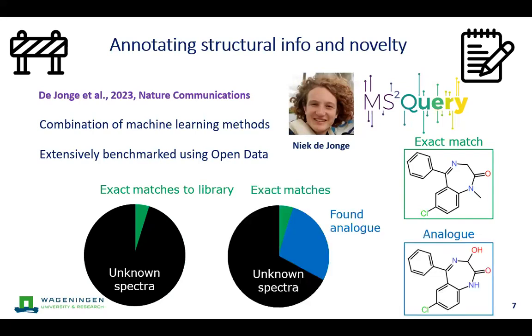Basically, the idea is that instead of only using the small part of matches you typically find in the library, we open up more of that information by also looking for analogs. We're using machine learning based algorithms since they are much faster than the traditional approaches, and they also give a complementary view. An analog can be a molecule that is structurally quite similar, but different in a few places.